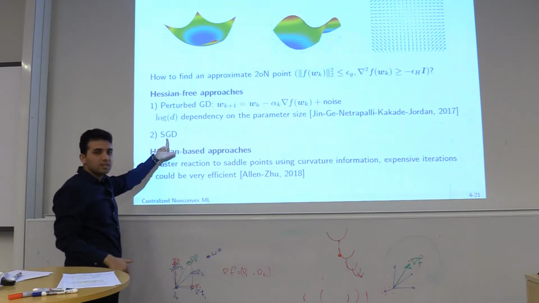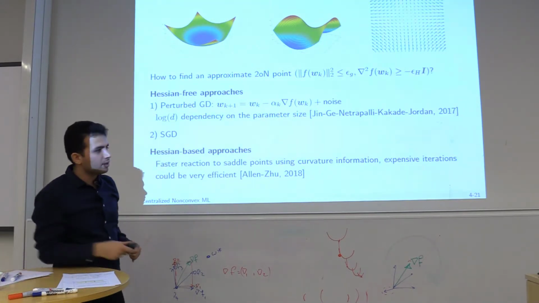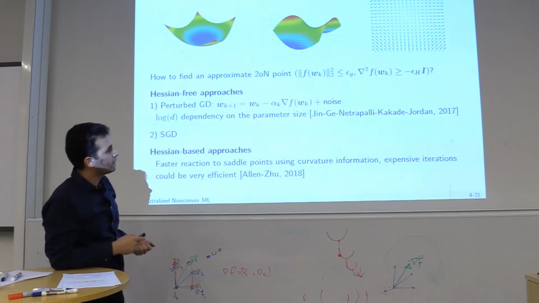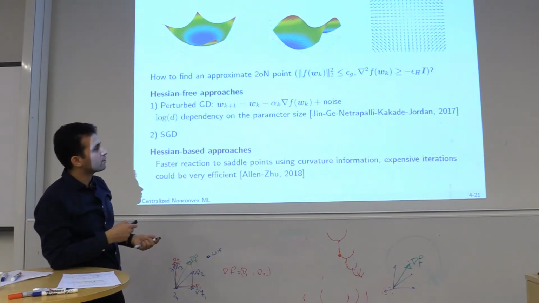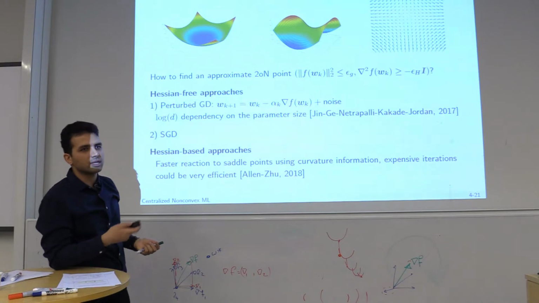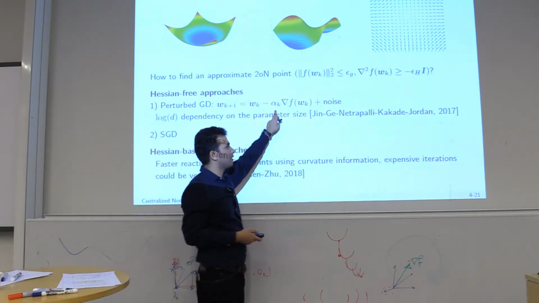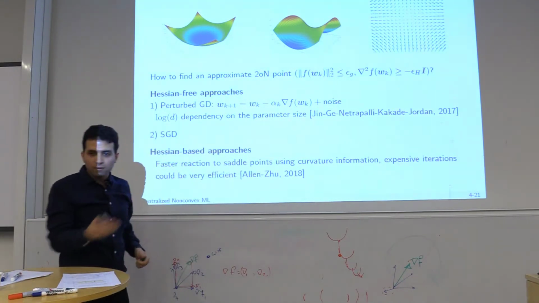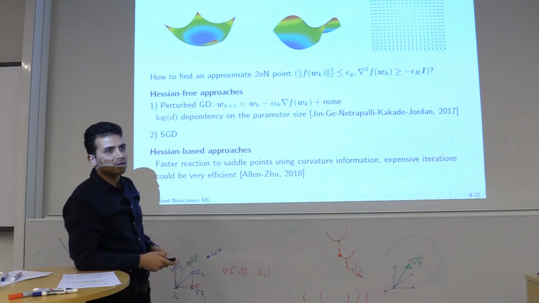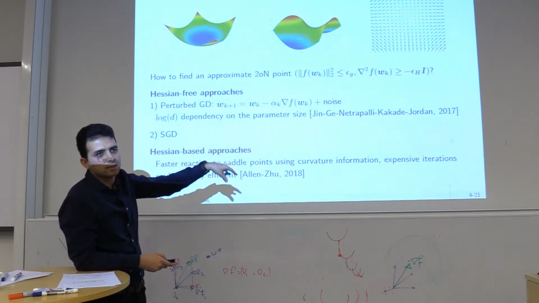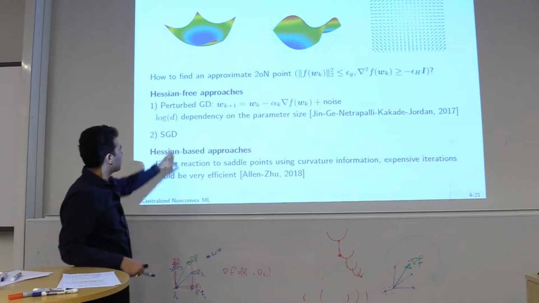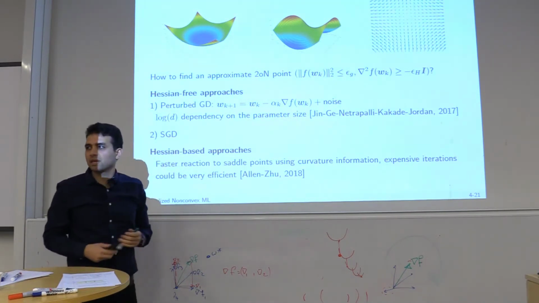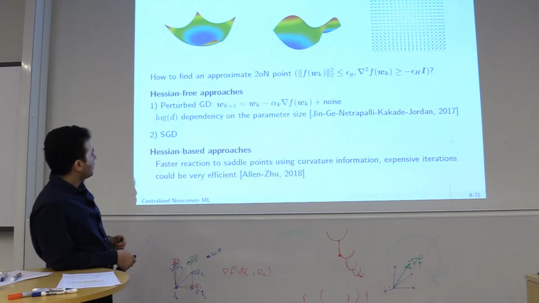You can, of course, run SGD, and that's pretty nice because in stochastic gradient descent, this noise comes for free in all the iterations, right? Because you don't have the gradient, you have gradient plus some noise, and gradient plus some noise multiplied by alpha. As long as alpha doesn't decrease to 0, then you have alpha multiplied by that noise, so another noise. So it comes for free for you. And that's why this is pretty nice for escaping saddle points as well.